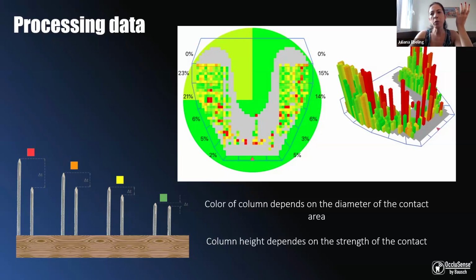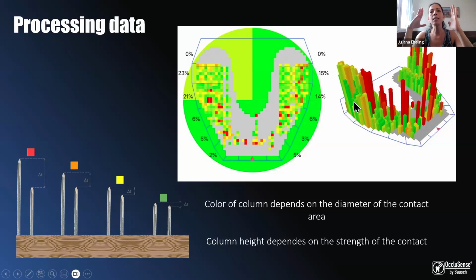So in dentistry, when we think about an ideal occlusal contact, what are we looking for? We are looking for punctual contacts, not surface contacts, okay? So in this way, we are looking for an ideal distribution of contacts with red columns, okay? What do the green columns mean?